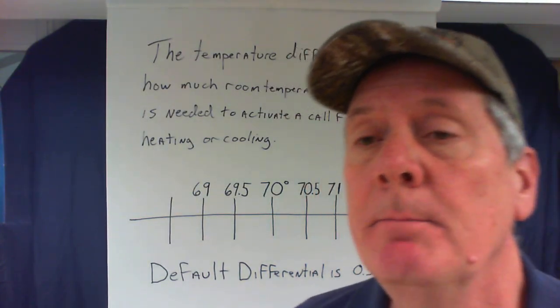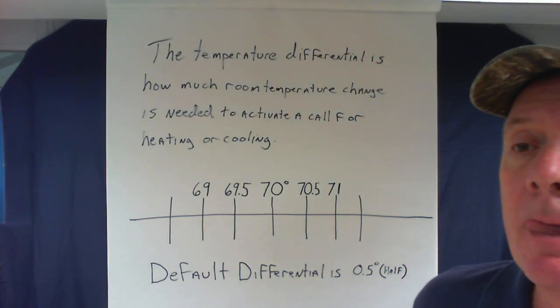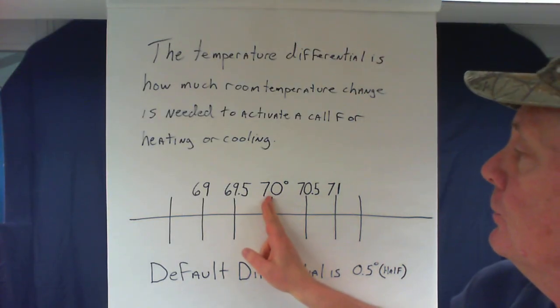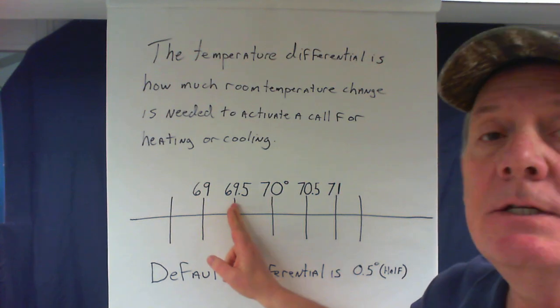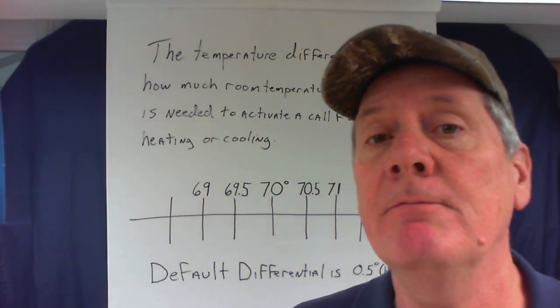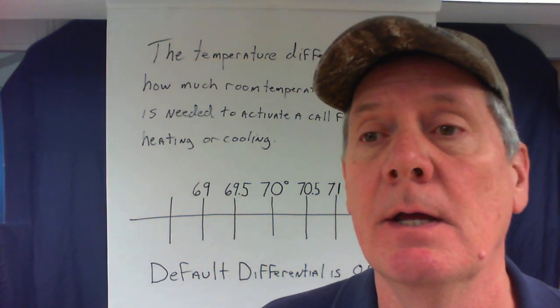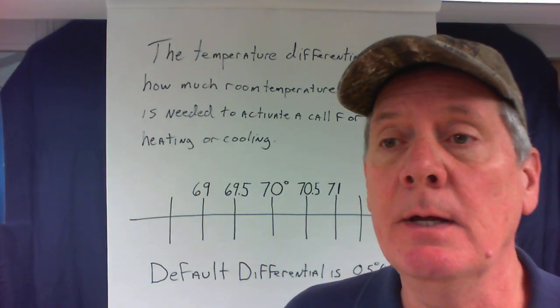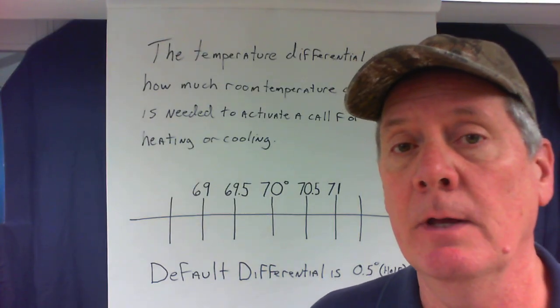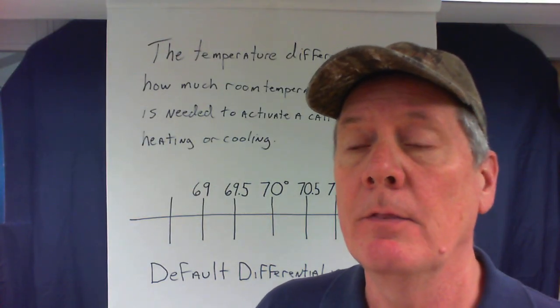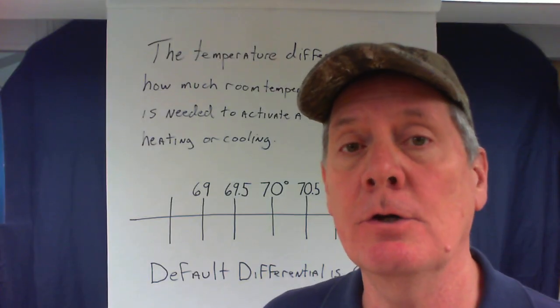As the room temperature cools off, when the room temperature drops to 69.5 degrees, that will be our temperature differential that will trigger the call for heat or to turn the heat on.